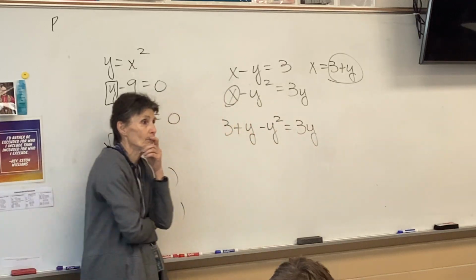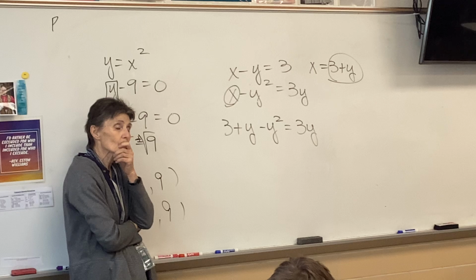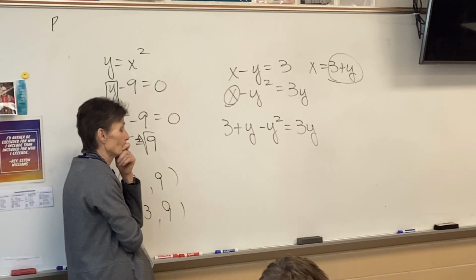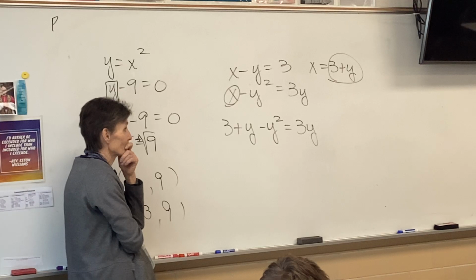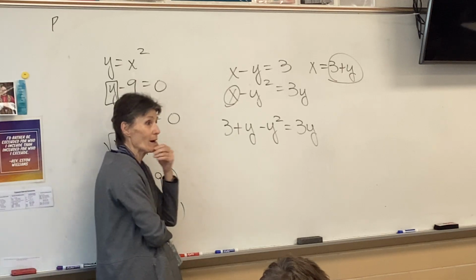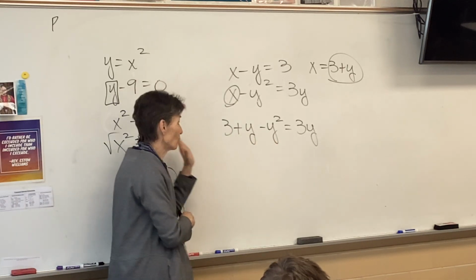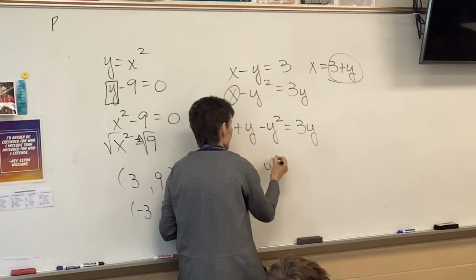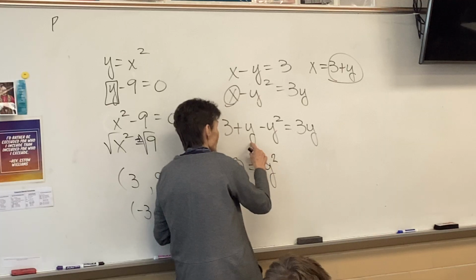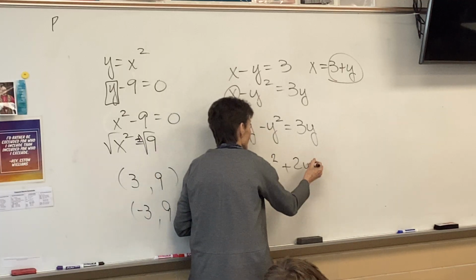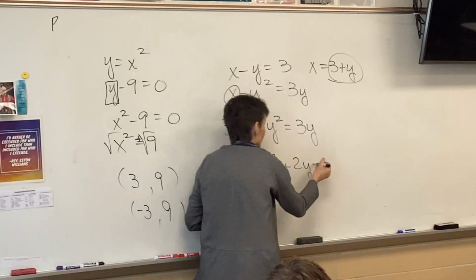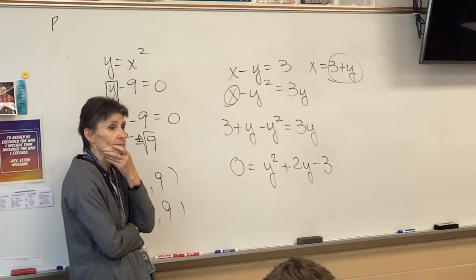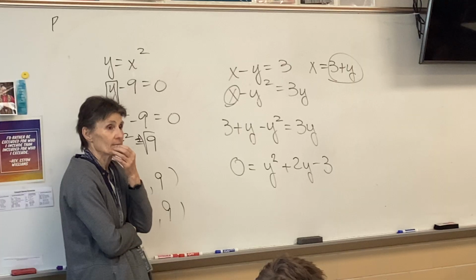Everybody still on board? Now what? This is a quadratic equation, so let's get it set equal to 0. I'm going to add that over there. I'm going to subtract a y and subtract a 3. Royce?